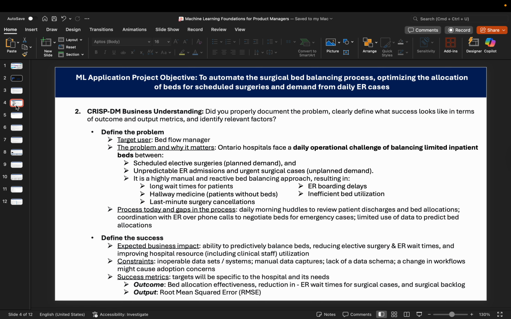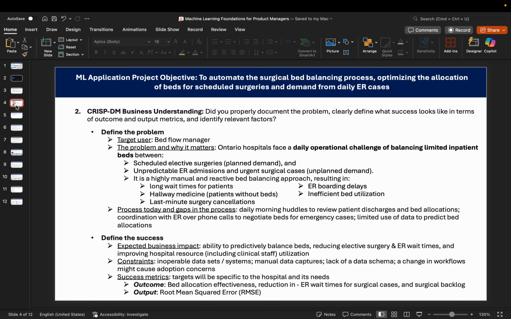In terms of the CRISP-DM business understanding process, the target user is the bed flow manager. Now, the problem and why it matters is really that Ontario hospitals face a daily operational challenge of balancing the limited inpatient beds that they have between the scheduled elective surgeries, which is the planned demand, and the unpredictable admissions from the emergency room for surgical cases, which is the unplanned demand.